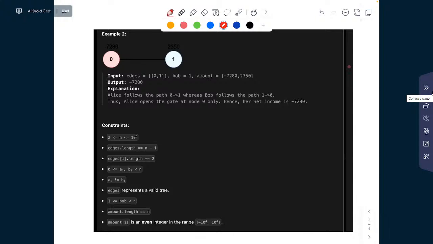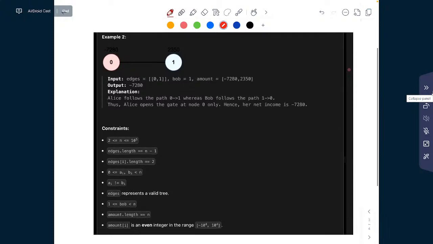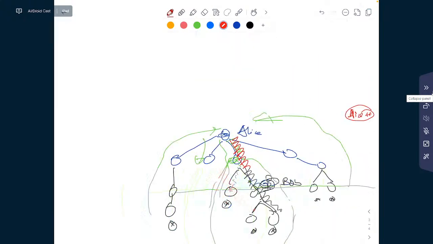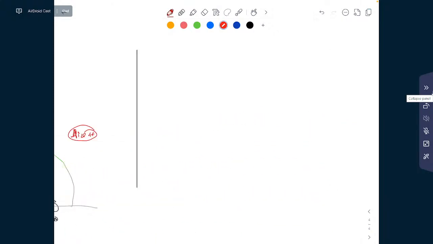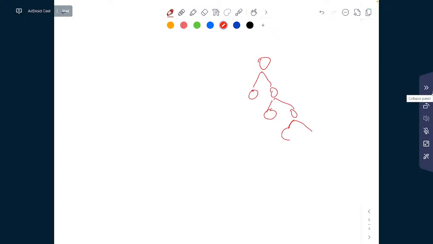For Bob, we can have chosen anything, like for each of the paths. Yeah, I think I am getting some idea now. Something like this. Like this is the path, and let's say we are doing it for Alice, starting from here.